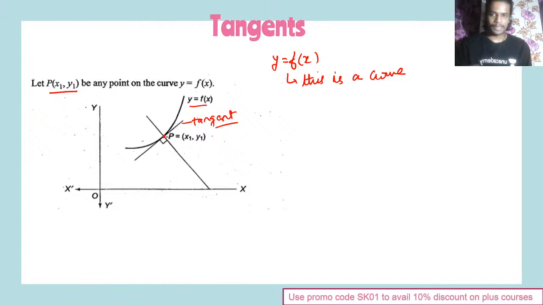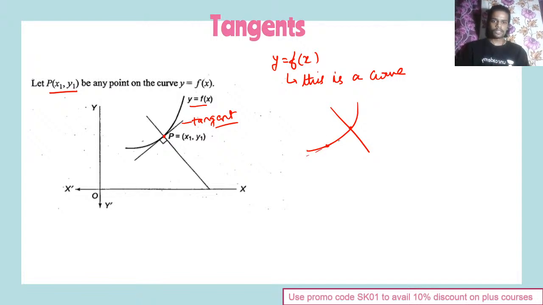So this is the basic definition of tangent. It touches the curve at a point (x1, y1) only. Touches, not intersects. For example, this is not a tangent. It is intersecting. I'm talking about touching. So if this is a point, the tangent is something like this, which just touches it at exactly one point.